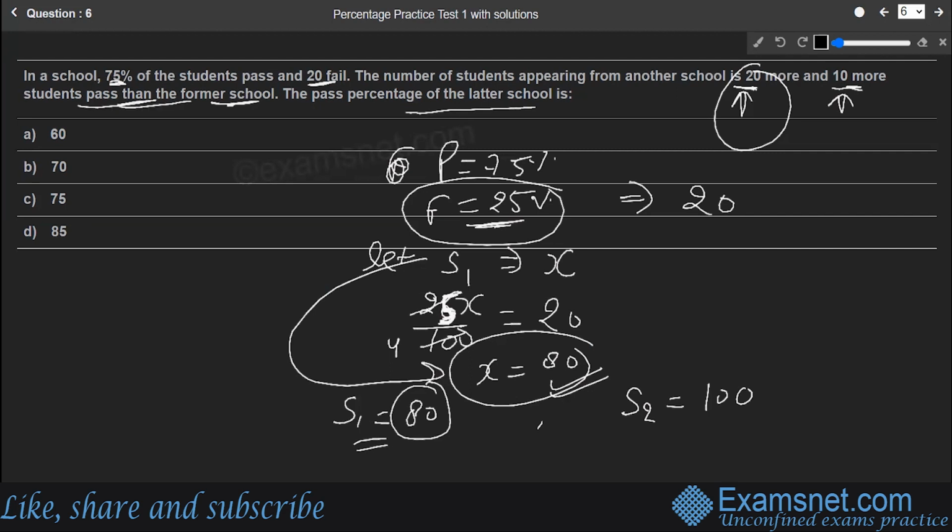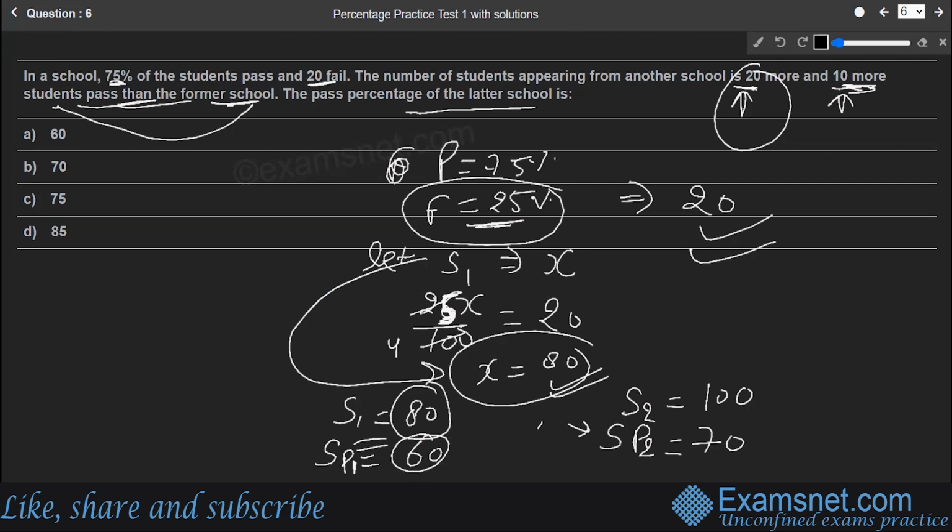So we need to find out how many students passed in the first school. 20 failed and the total is 80, so 80 minus 20, that is 60, passed in the first school. By this, we can find how many passed in the second school. SP2 will be 10 more than 60, so 10 more than 60 is nothing but 70.